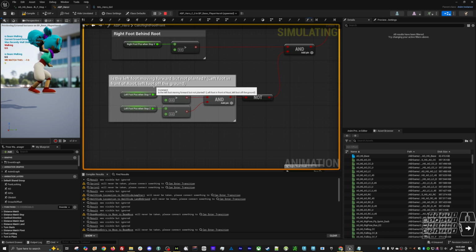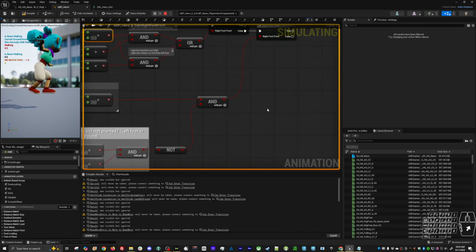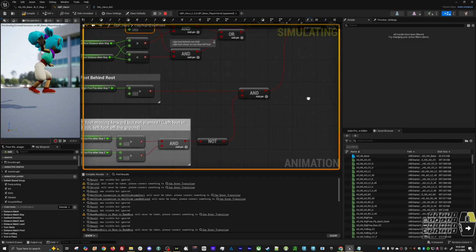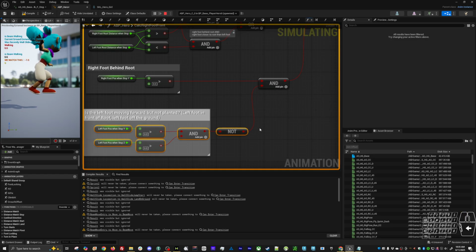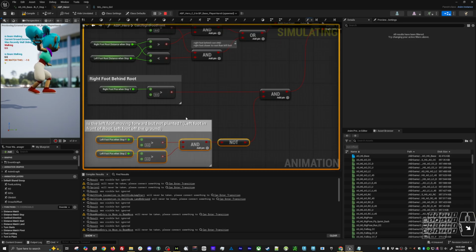Left foot in front of the root, left foot off the ground. So those are not happening. So basically we're saying, check to see if the left foot is not in front of the root and not off the ground. As long as you're not in front of the root and not off the ground, that means you're behind the root.